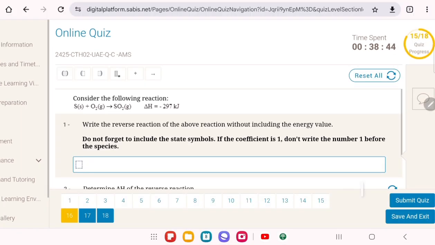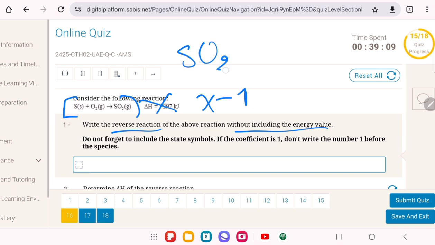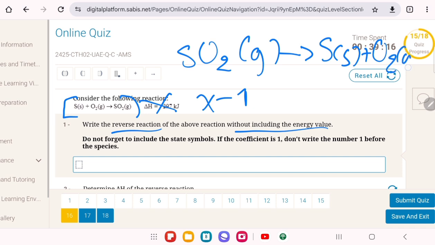Now, question number 16. Write the reverse reaction of the above reaction without including the energy value. So they do not need the energy value, we forget about it for now. They need the reverse reaction, so we multiply it by negative 1, okay? And so then it's gonna be SO2 gas gives us S solid plus O2 gas.